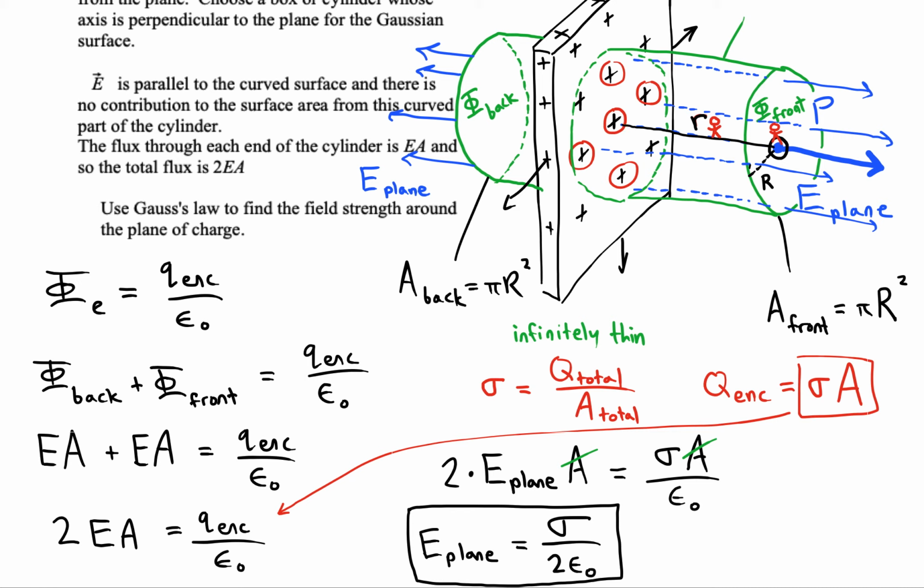At least that's how it was with point charges, and that's even how it was with lines of charge. But now, when we're dealing with a plane of charge, charges above, charges below, charges to the left, and charges to the right, apparently it doesn't matter how close we're standing to that plane. We're going to feel the same field regardless.